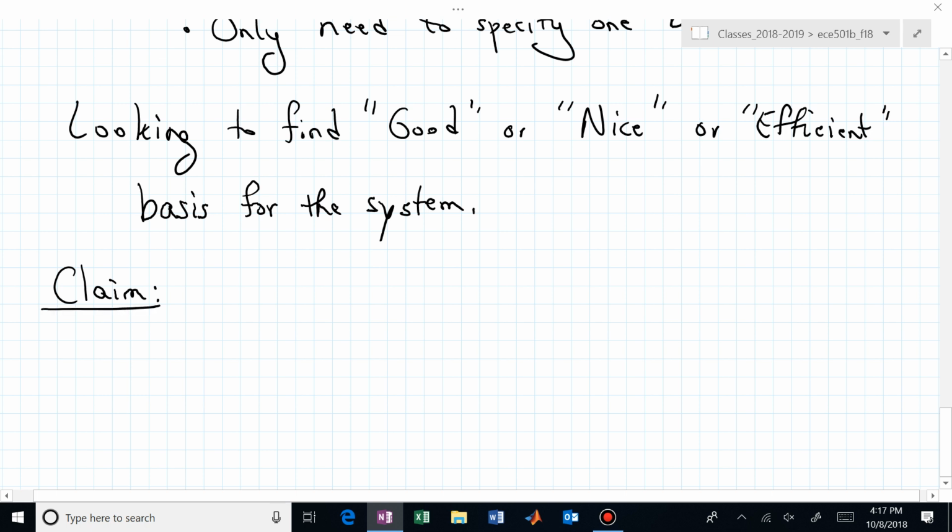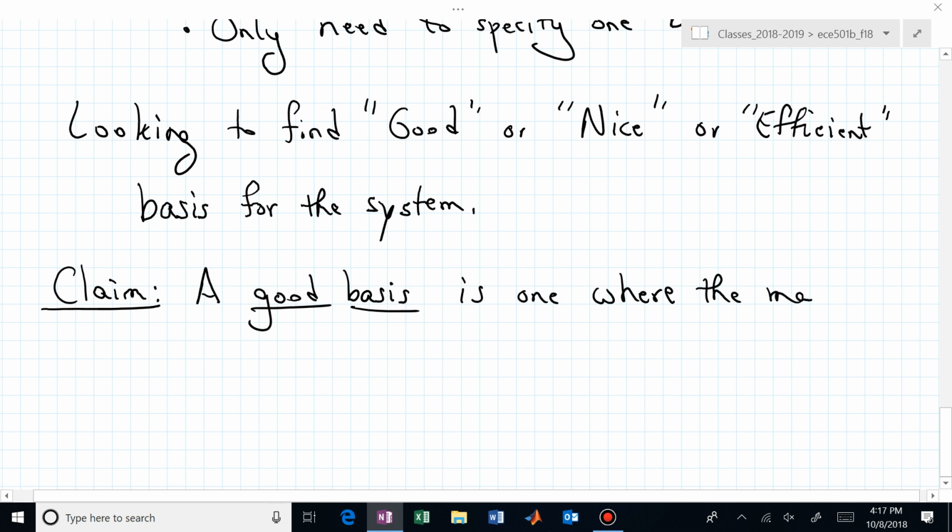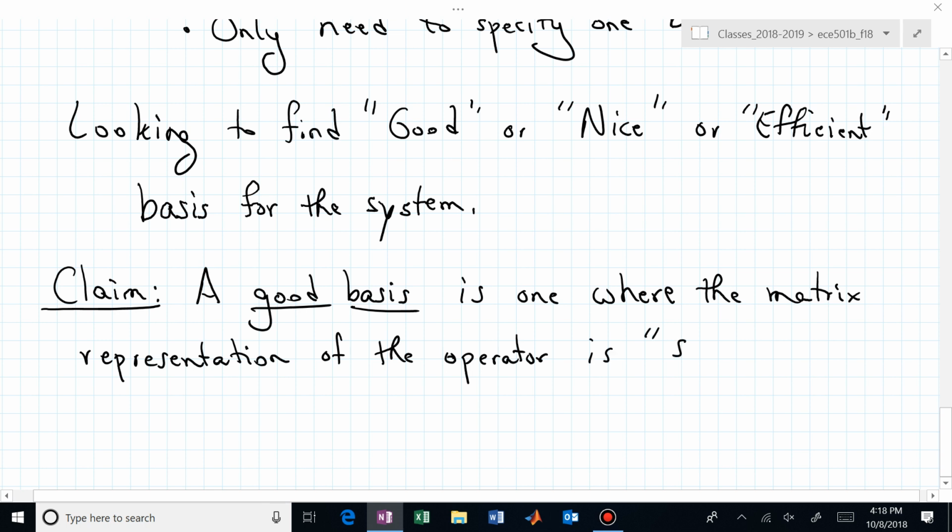And our claim is that a good basis is one where the matrix representation of the operator is simple.